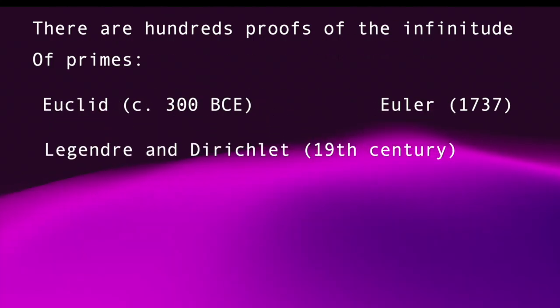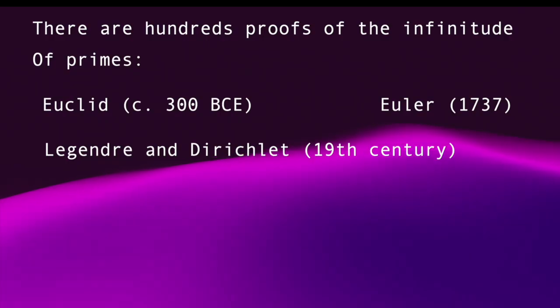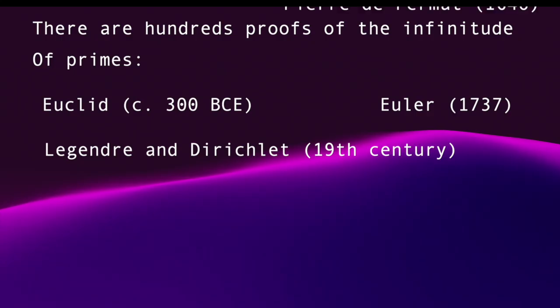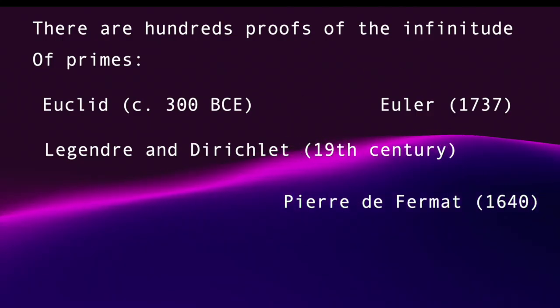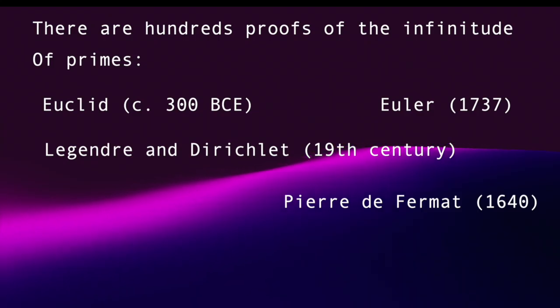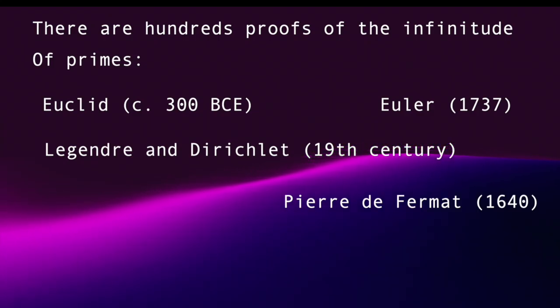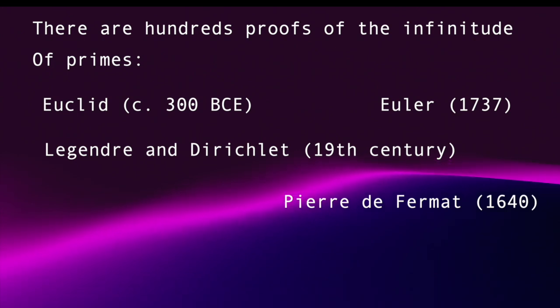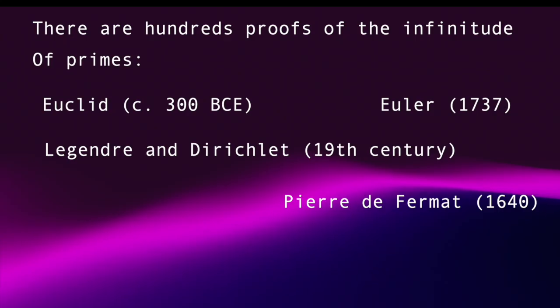Then Legendre and Dirichlet also gave a proof based on number theory, and Pierre Fermat in 1640 gave a proof which at first was false and was fixed later.